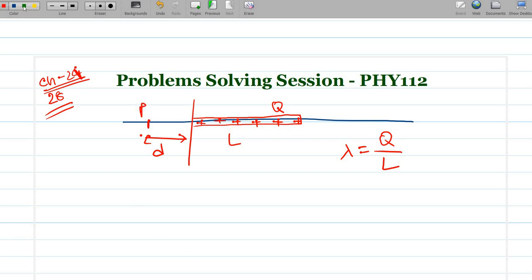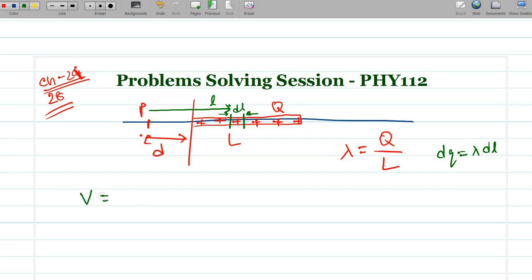Let me choose another color to indicate the distance of the source from point P. So this should be small l, and this small segment at a distance small l should be dl. So therefore dq should be equal to lambda times dl.